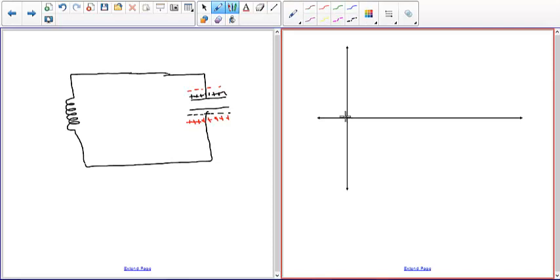The current's initially 0. You close the switch and the current goes like this. It reaches some maximum value in this direction. Then it actually goes back to 0 current.